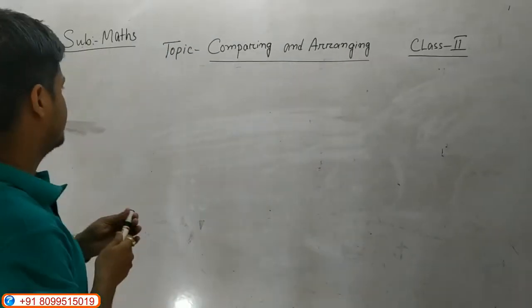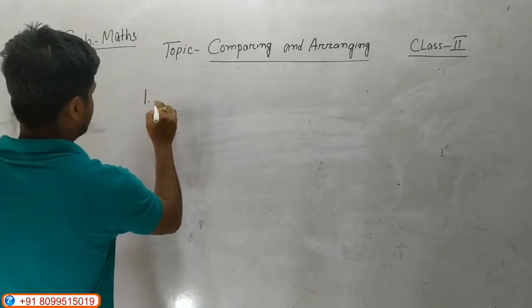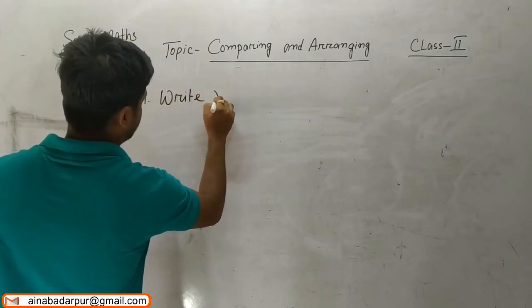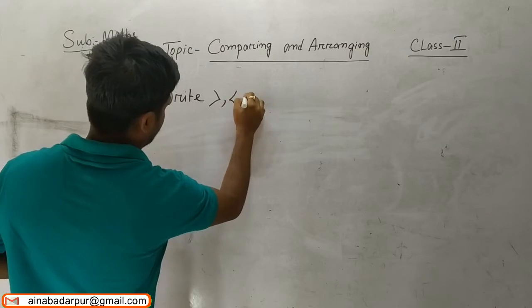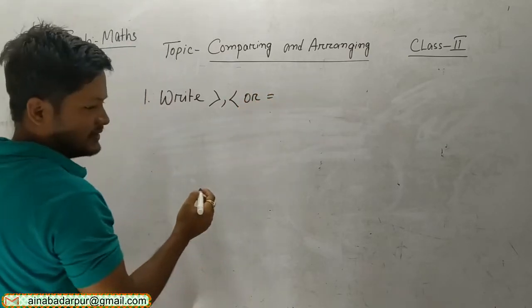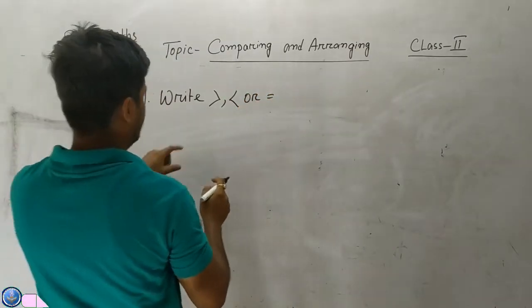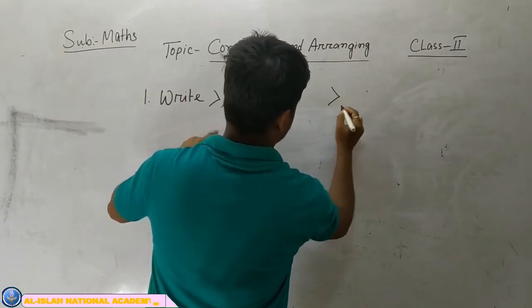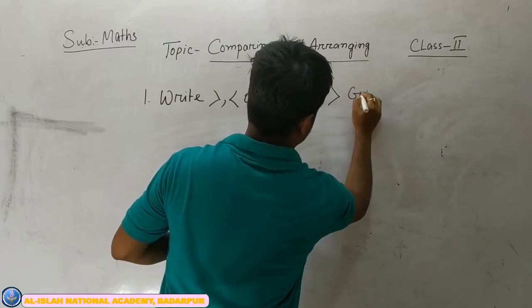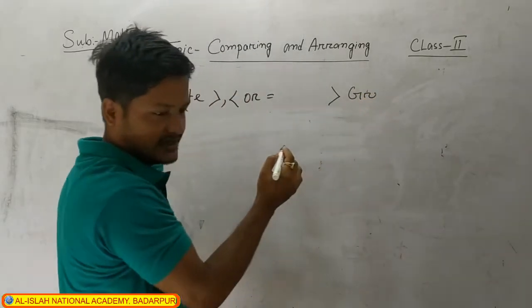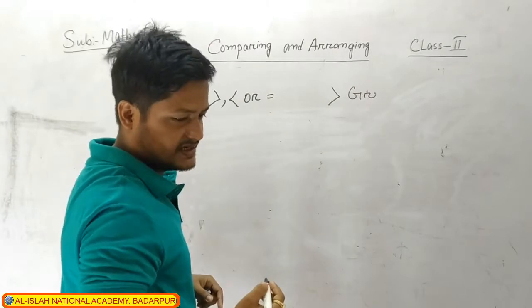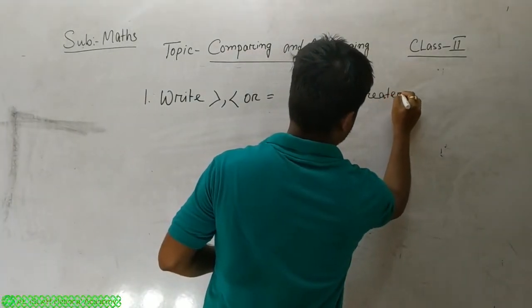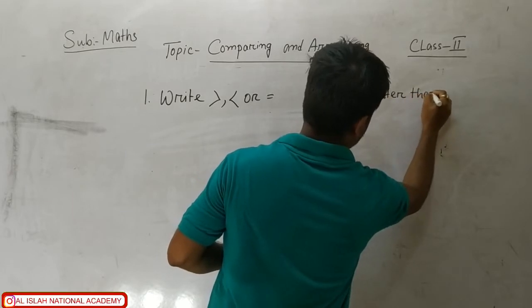Our first question is: write greater than, less than, or equal. First, we have to know these signs. This sign name is greater than.